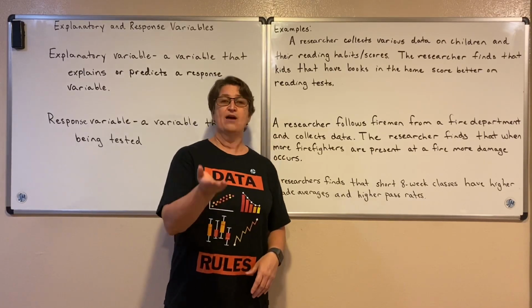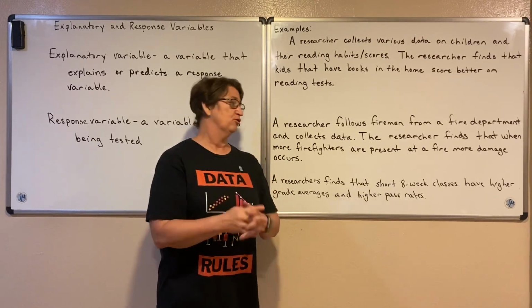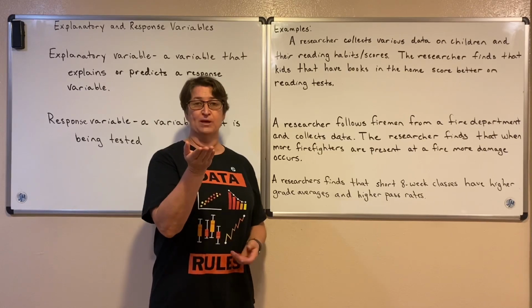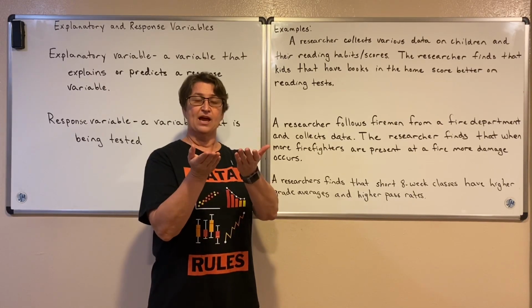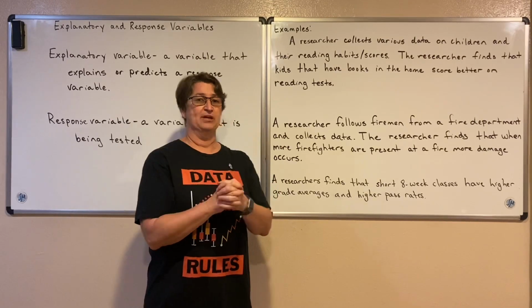So the more firefighters that are there, the more damage occurs. So those two are correlated. And your explanatory variable is the number of firemen, and the response variable is the amount of damage.